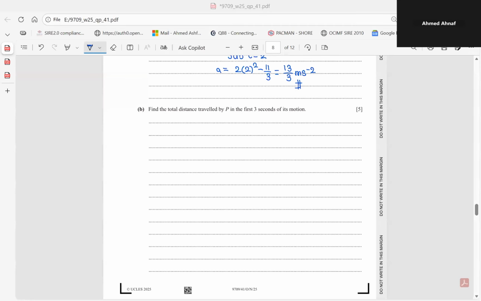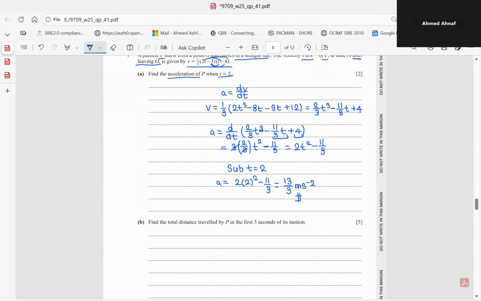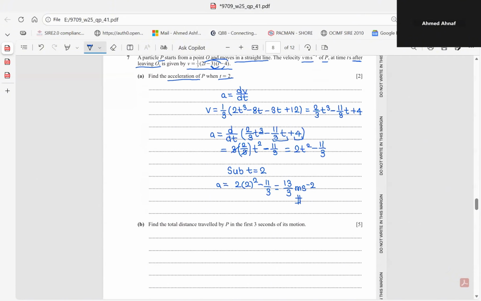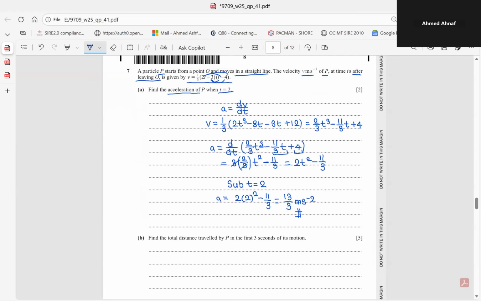Before I continue to part B, I made a silly mistake in part A. I expanded it wrongly, more like I copied it down wrongly. This is supposed to be t squared, not cubed.